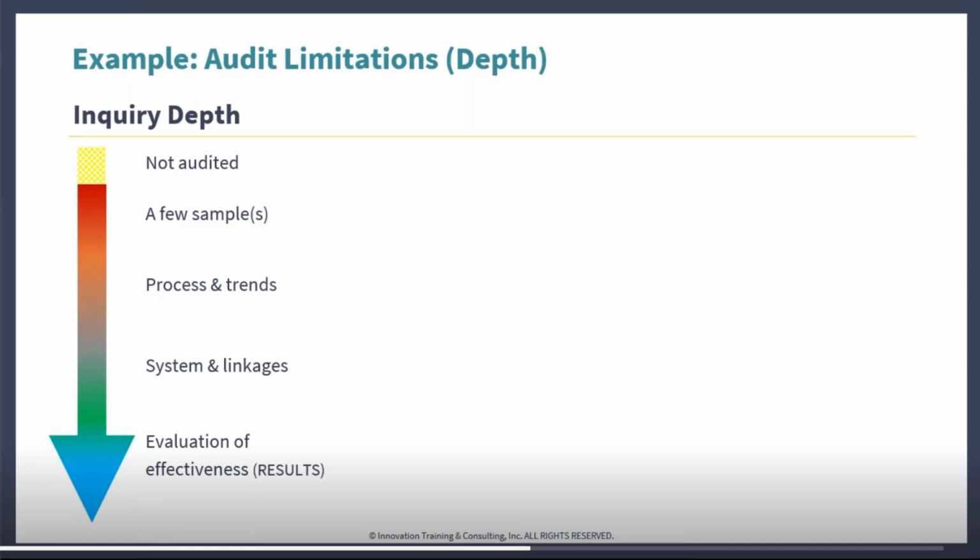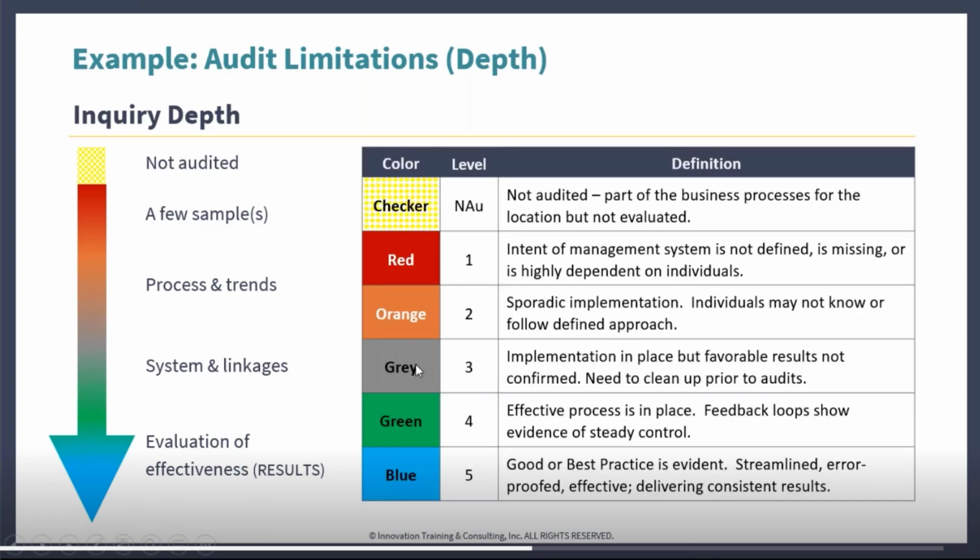So kind of another build on this is talking about these levels. But the gray level, this is where we've got implementation, but it's not established, like breathing, like this is the way we do things here. You might have a hero in there holding things together or a lot of cleanup prior to an audit.